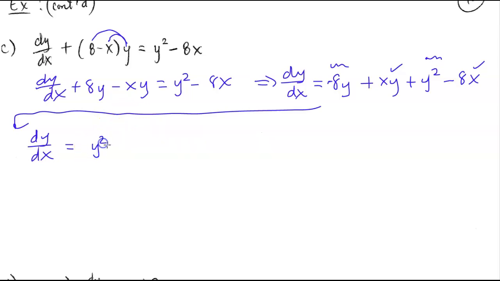And let's see, I'll do this minus 8y here, and I'll say plus xy minus 8x.